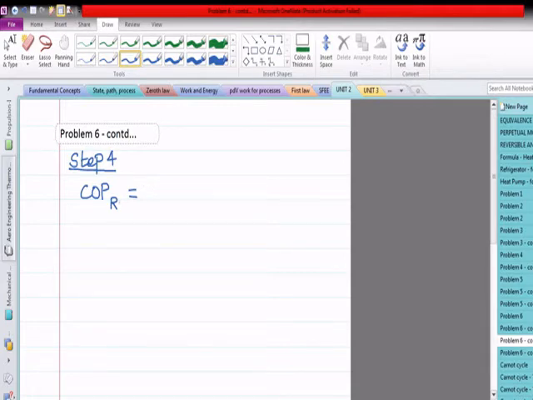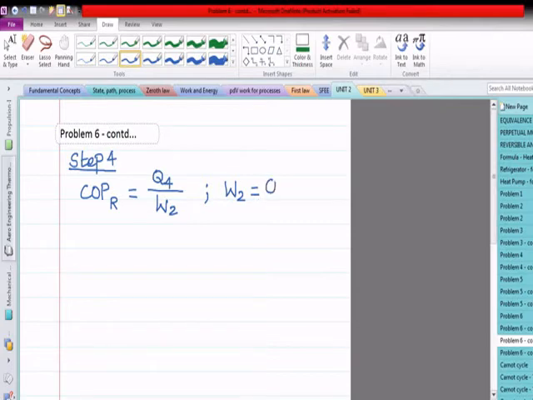COP of refrigerator is equal to the desired effect, that is the heat absorbed by the refrigerator, here it is Q4, divided by work input, here it is W2. And this W2 can be written as the difference between the heat rejected and heat absorbed.